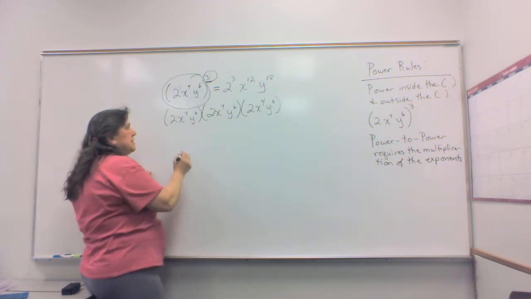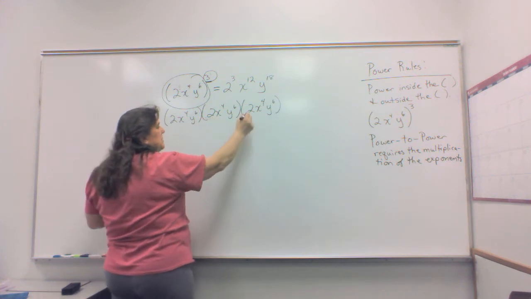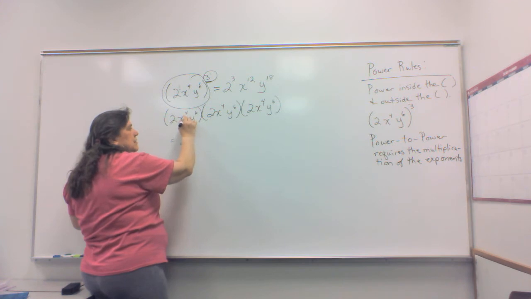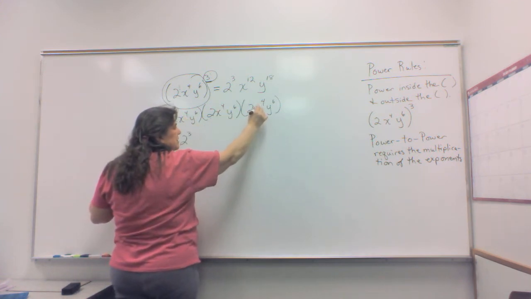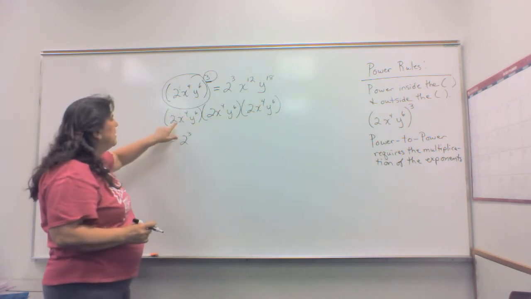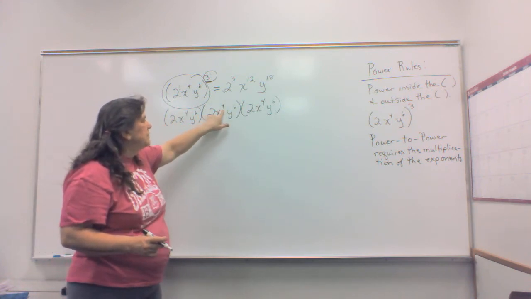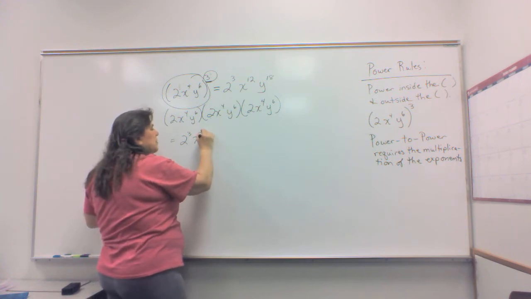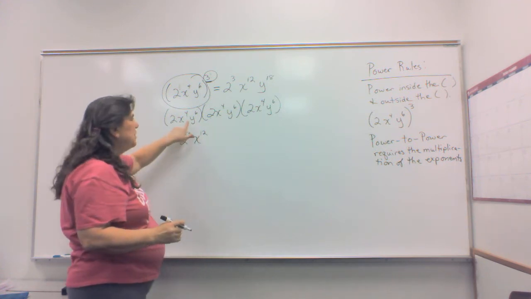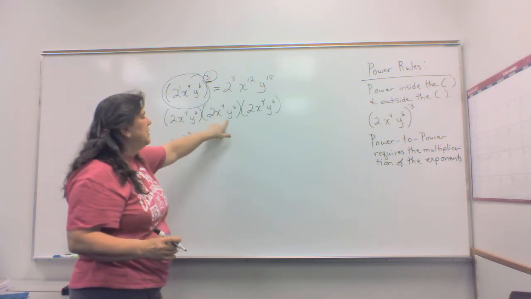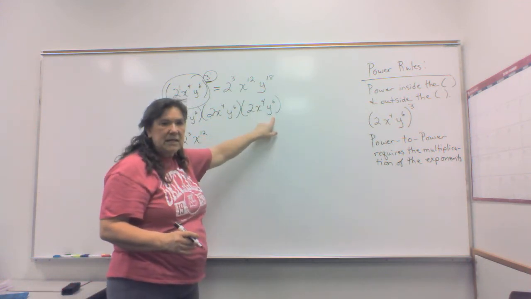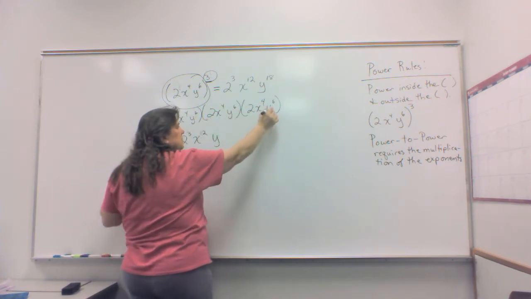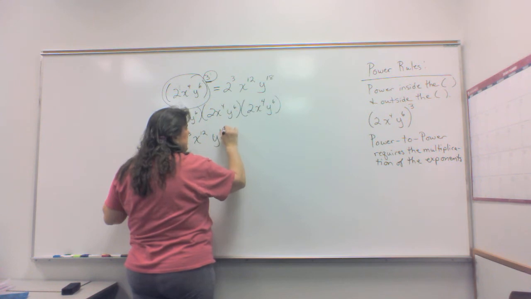So notice 2 times 2 times 2 is 2 to the 3rd power. x to the 4th, x to the 4th, x to the 4th, all the same base, so this is 4 plus 4 plus 4, which gives me x to the 12th power. And my last one, y to the 6th times y to the 6th times y to the 6th, so this is going to be 6 plus 6 plus 6, which is 18.